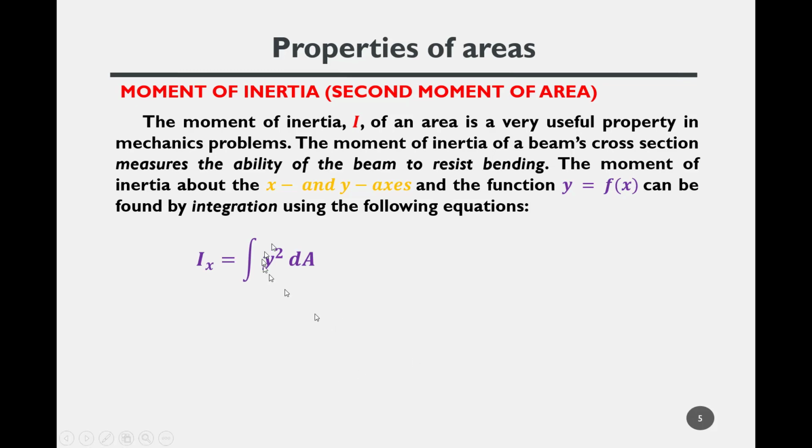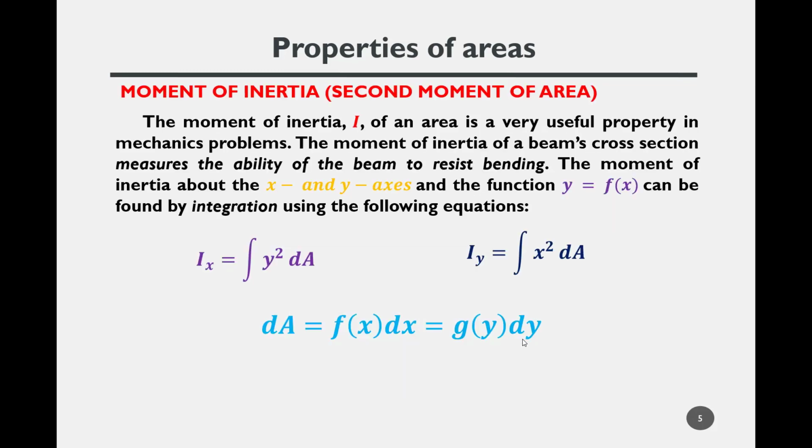So we have Ix, the integral of y squared dA. Ganun din sa Iy. So kung ito ay x, y to. Natanda mo, kung y to, x yun. Yun ang tatanda mo dyan. For dA is equal to f(x) dx is equal to g(y) dy. Diba? Nagamit natin yan.